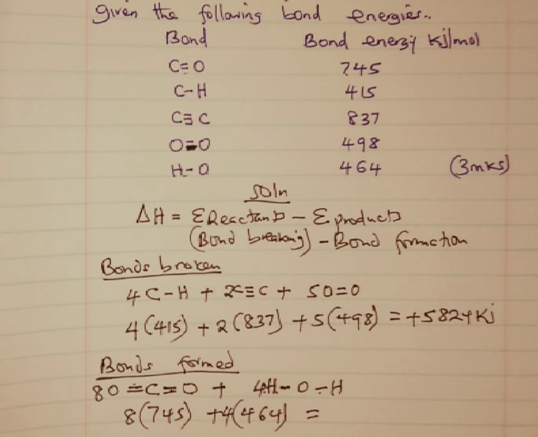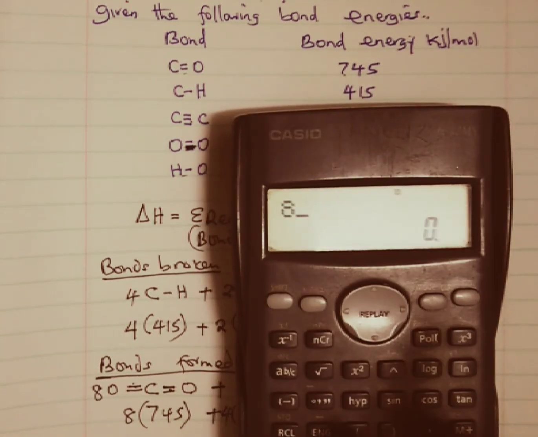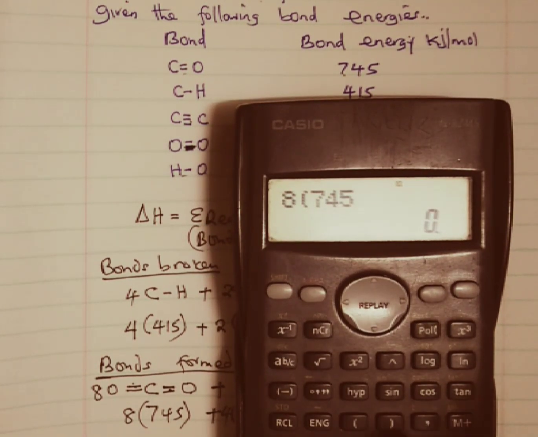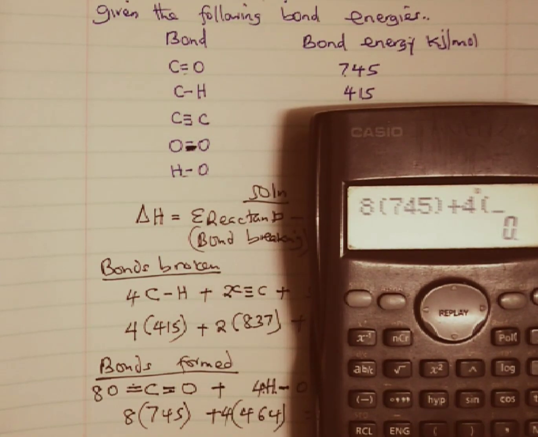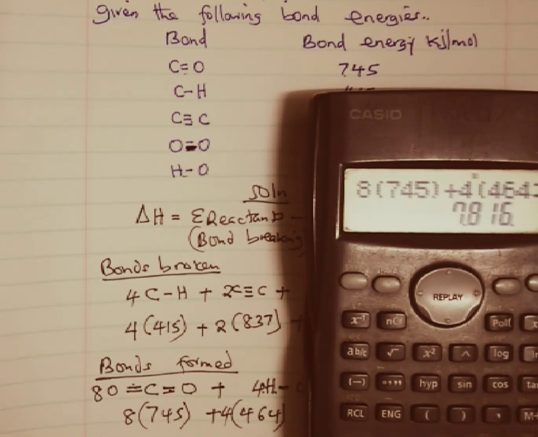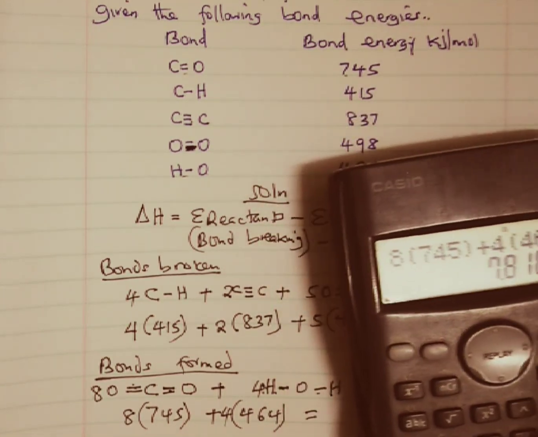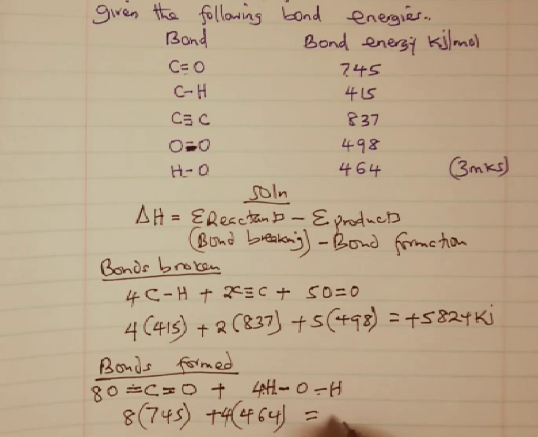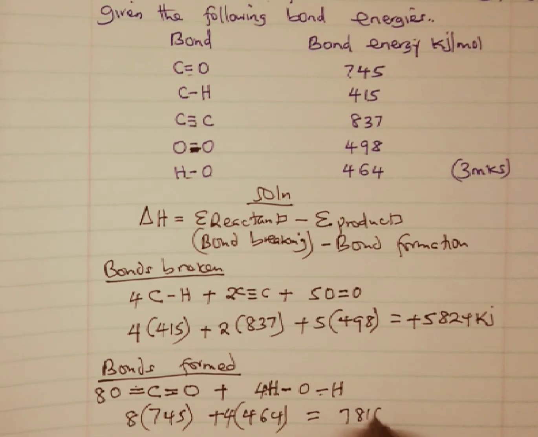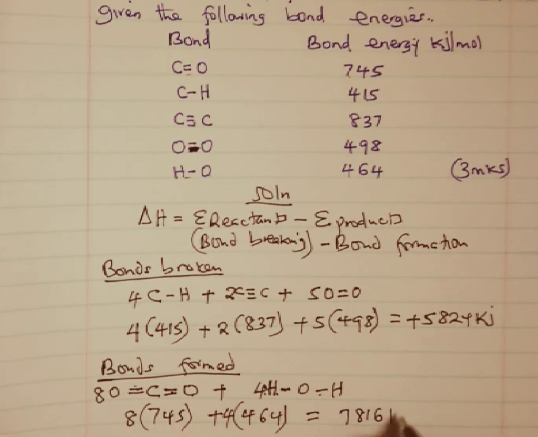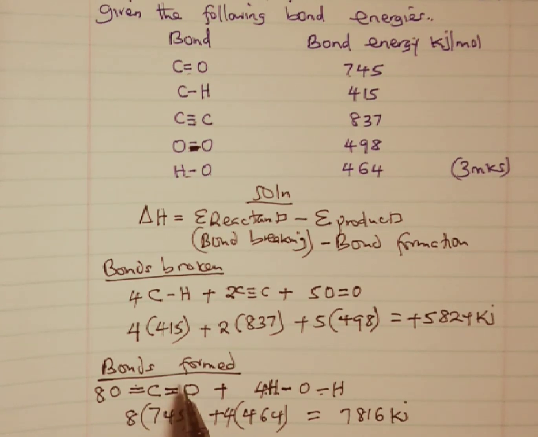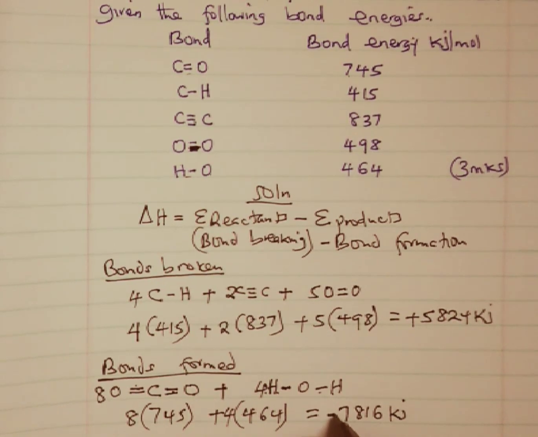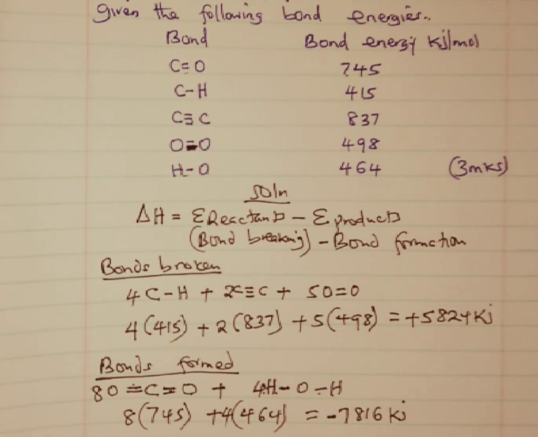We take 8 multiplied by 745, plus 4 multiplied by 464, and this gives us a total of 7816 kilojoules. Since bond formation is an exothermic process, we represent the overall heat change using a negative sign.